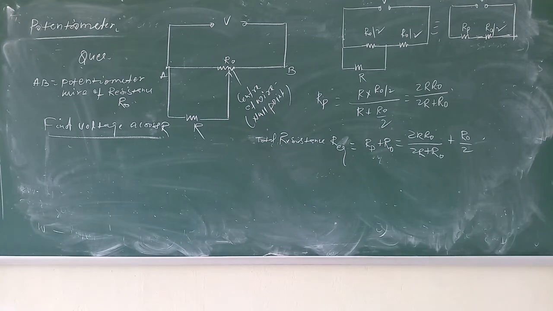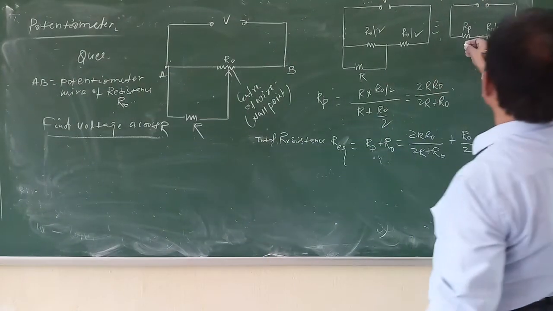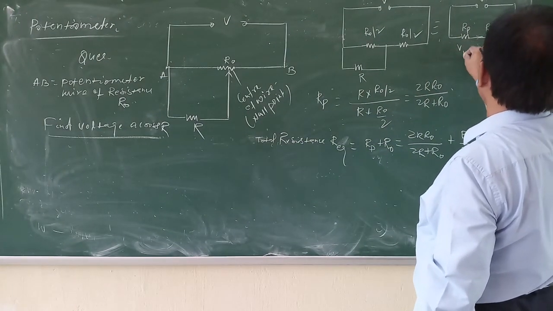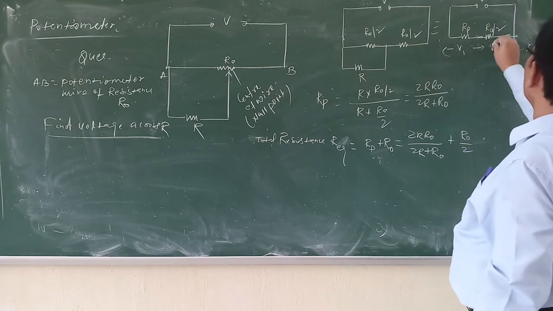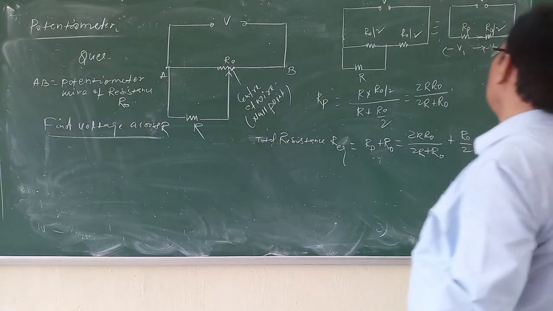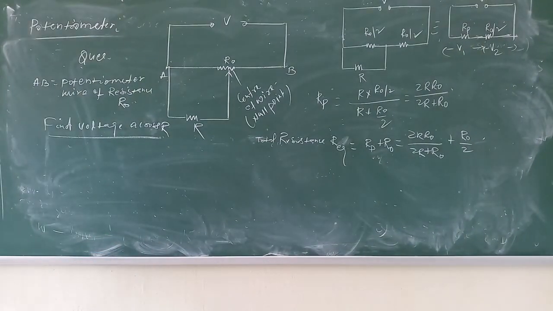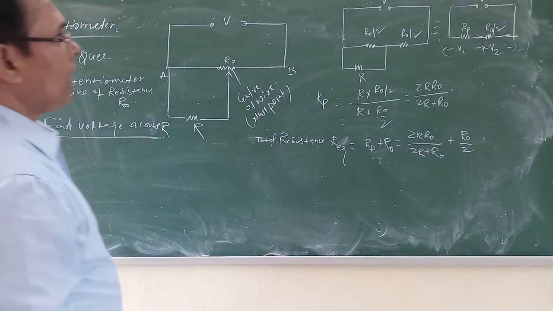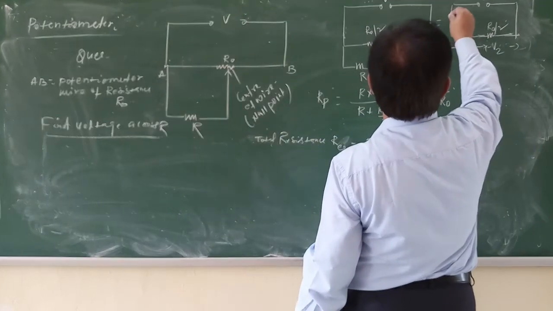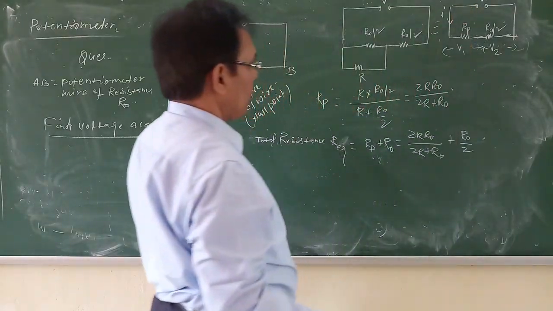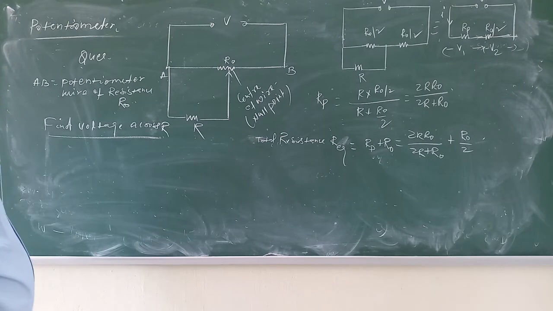And now find the potential across R equivalent. Let the potential across R equivalent be V1, and the potential across R0 be V2. Let I be the current flowing through it.